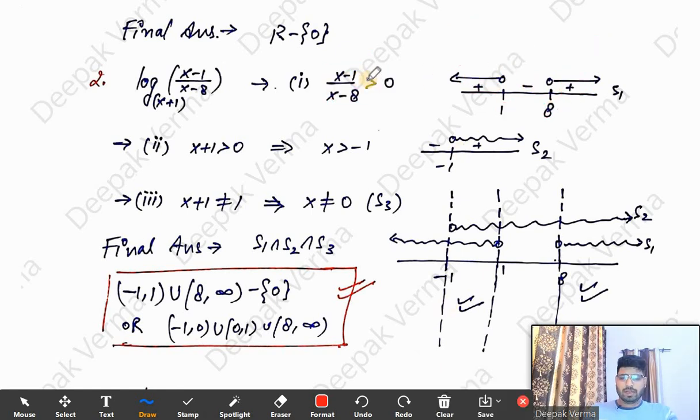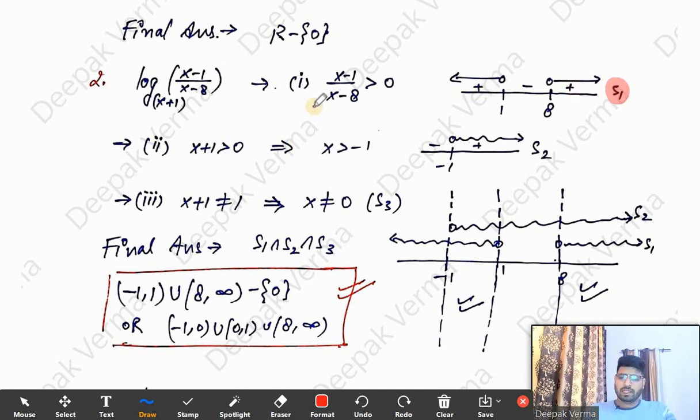Then the inequality sign is greater than, which means the positive region will be our solution set. Got it? It means less than 1 and greater than 8. 1 will not be included since here we have only greater than. 8 also will not be included since we have only a greater than sign. So let's say this is solution 1, S1.